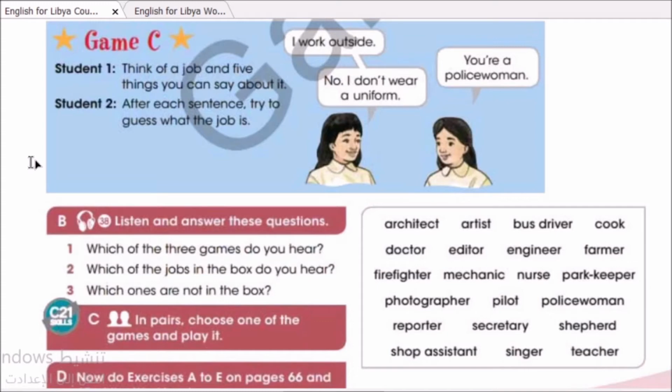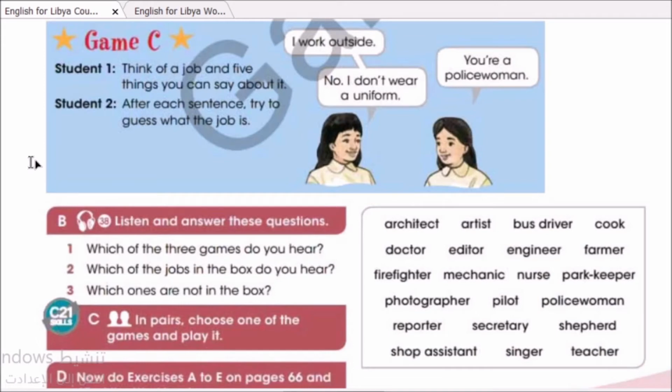Student 2, you're a bus driver. Student 1, no. I have to speak English. Student 2, you're a taxi driver. Student 1, wrong. Last sentence, I work at the airport. Student 2, you're a pilot, of course. Student 1, correct. Well done. Now it's your turn. End of conversation.